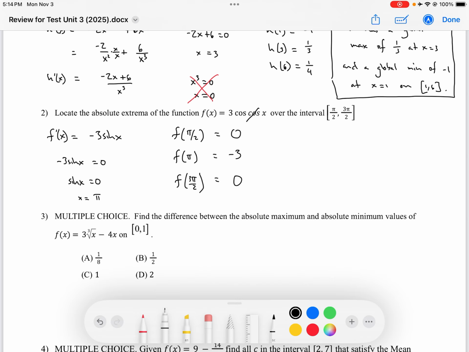So we have an absolute max of 0 at x equals pi halves and 3 pi halves, and an absolute min of negative 3 at x equals pi on the interval pi halves to 3 pi halves.